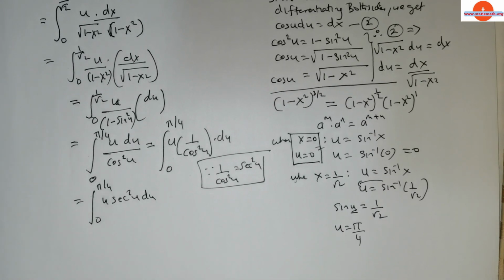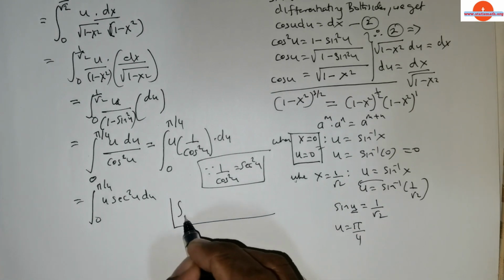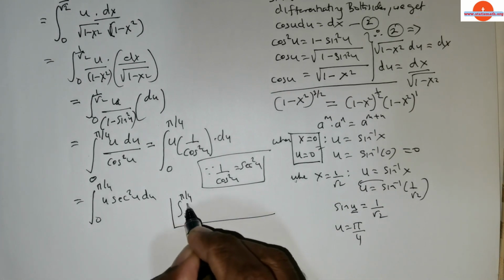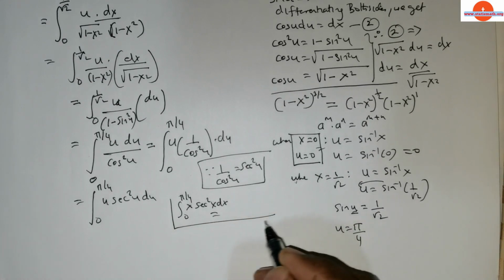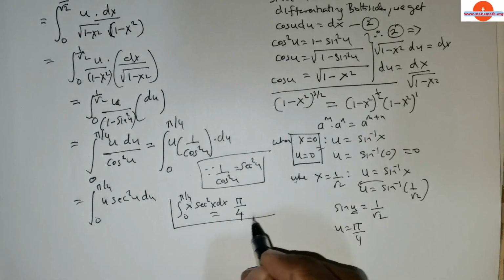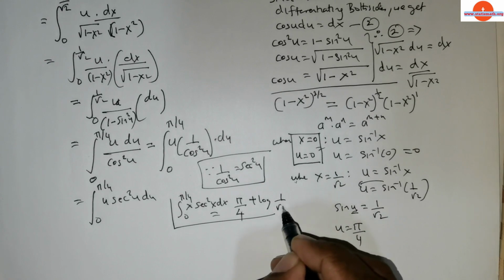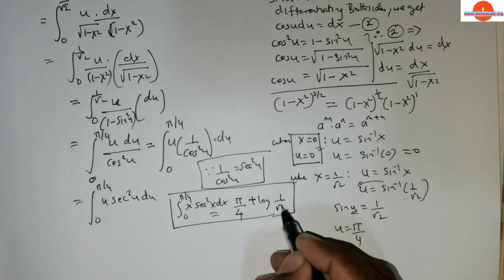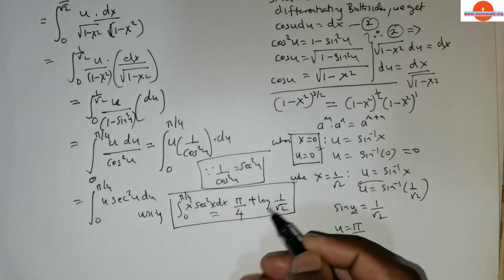In the previous problem, I have shown you what happens when you integrate x times secant squared x dx from 0 to pi over 4. The same is applicable here. For that, we got the result pi over 4 plus log of 1 over root 2. So this is the result that we got, and we will be using this.